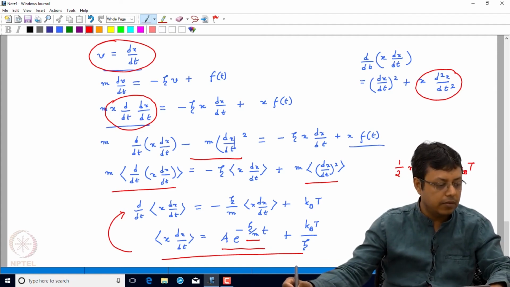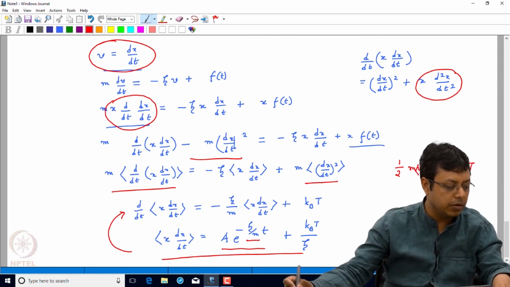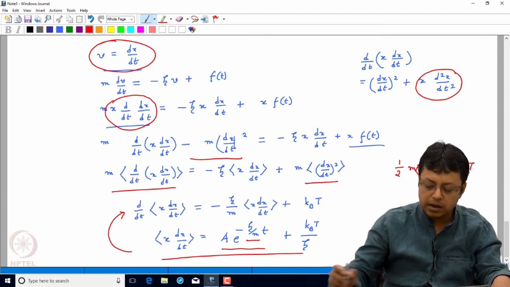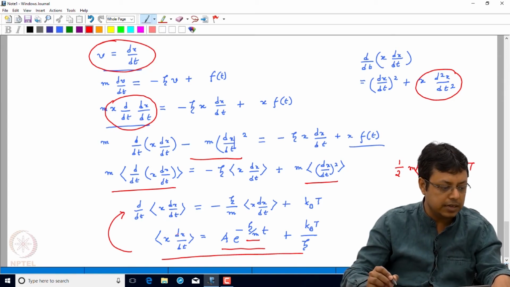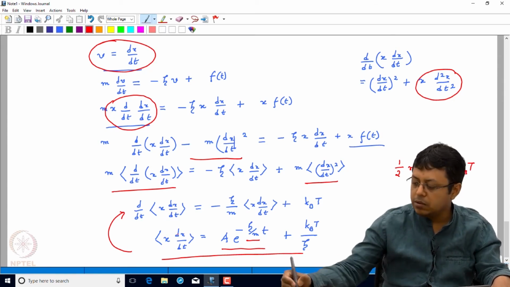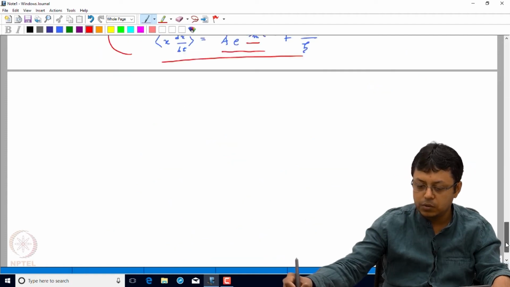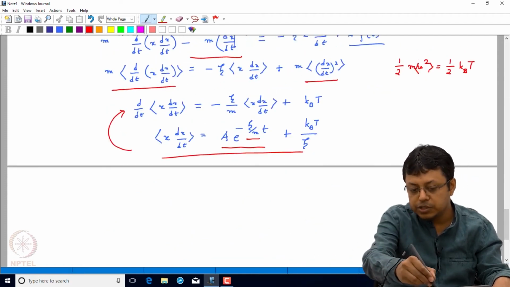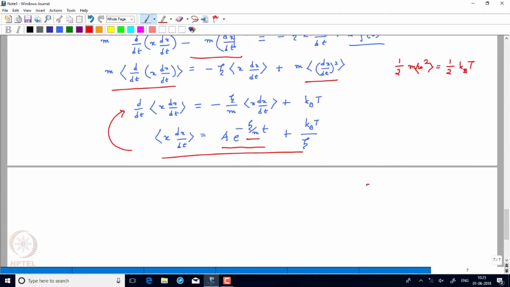Now what we have done so far is that we can write x dx/dt, which is very easy to rewrite, because remember that all we wanted was an expression for the mean square displacement, x squared average.